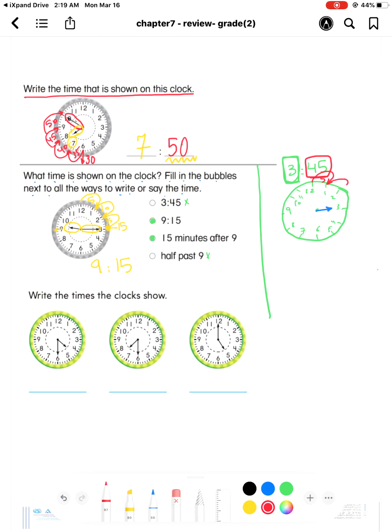You can do it like this: 5, 10, 15, 20, 25, 30, 35, 40, 45, or you can start from 6 because you know it's 30 minutes, and you start counting after it till we reach 9. So here it would be like this.